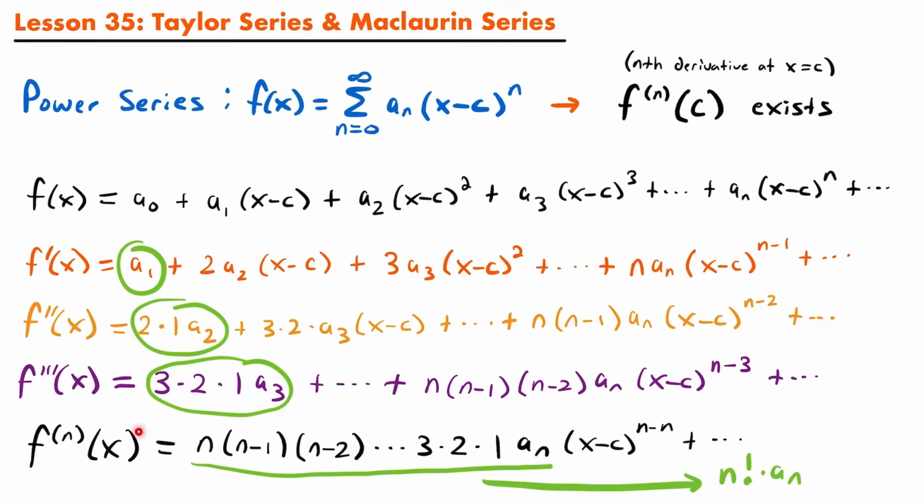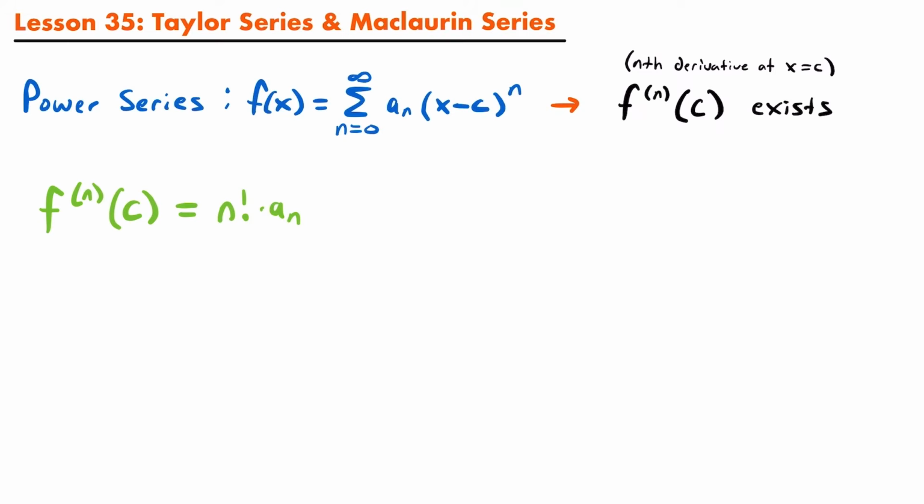And so the nth derivative evaluated at c exists, and it will always be equal to n factorial times a sub n. And so if I clean up my work here, this is the conclusion that we were able to make by looking at the derivatives of a power series, that the nth derivative of that power series evaluated at c will always be equal to n factorial times a sub n.